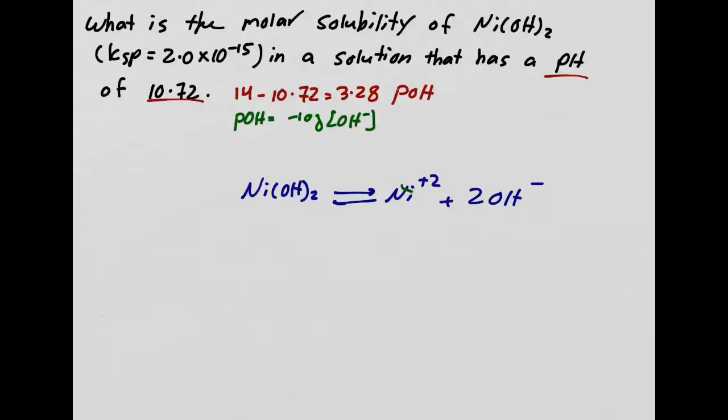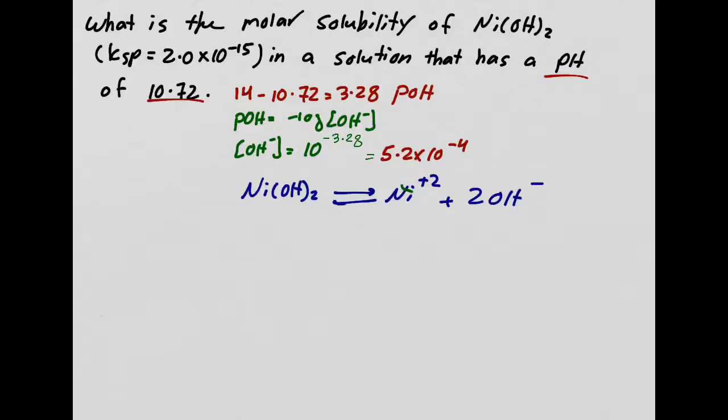So my OH concentration would be, make sure you get the math right here, 10 to the minus 3.28. I have to take the anti-log of it, right? So if I do that, what I end up getting is 5.2 times 10 to the minus 4. So I got an OH concentration.